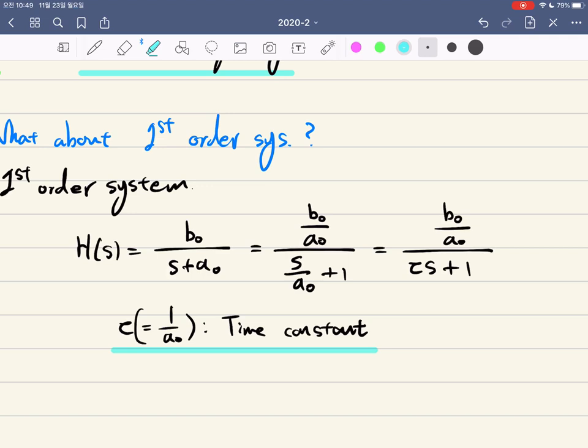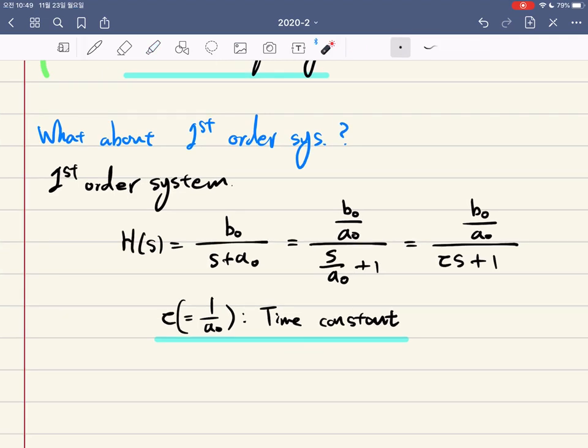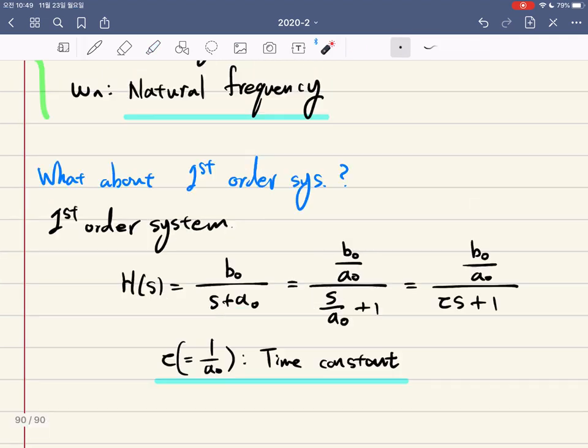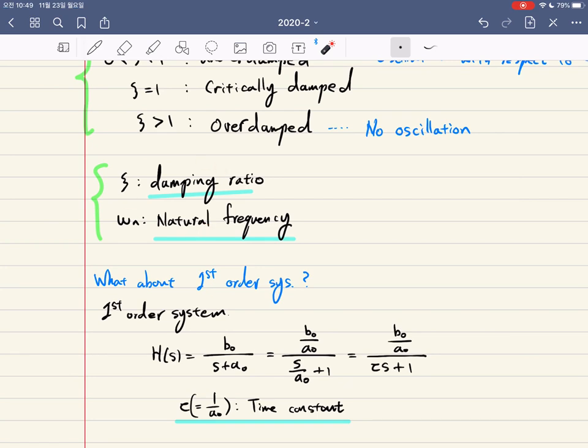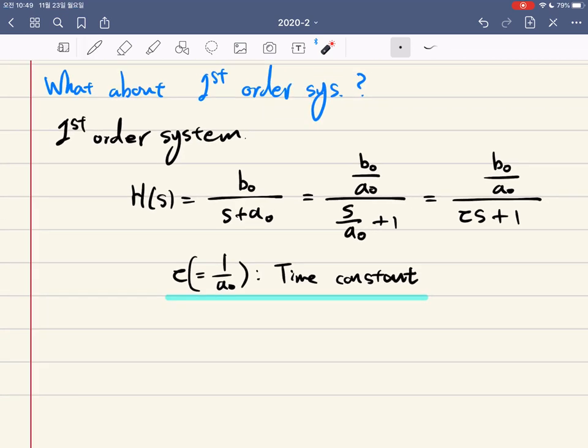So this tau is the only term that describes the first order system, whereas you have two variables regarding the second order system. Therefore, the pole of your first order system is located at minus 1 over tau, right?